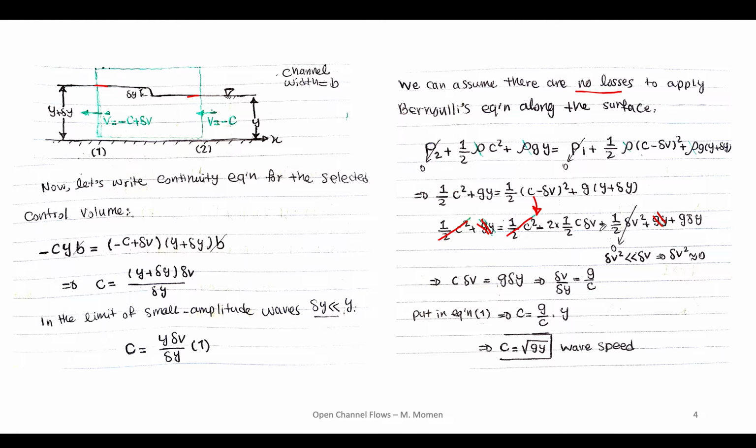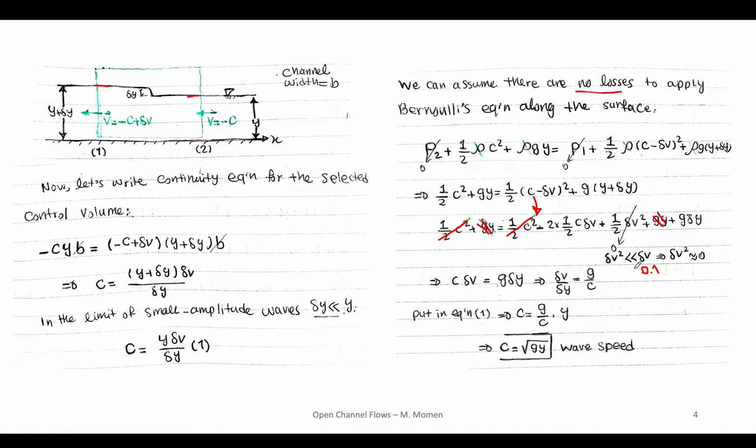So in this equation, where we have delta v, this term is going to be much larger than this term. So I can just assume delta v squared is almost equal to 0, right? Again, if you want to see why, it's because delta v is very small, so you can assume that, for example, delta v is 0.1.